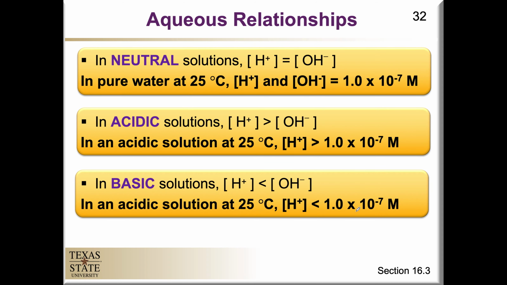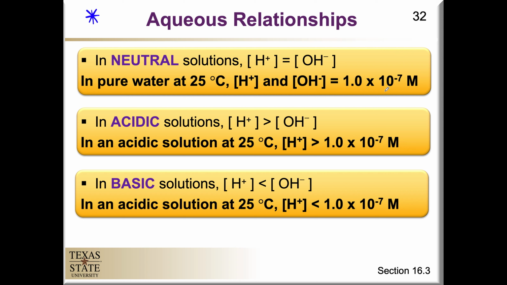All right. The next thing that we need to talk about is the relationships. This is another important slide conceptually that I want you to remember and to understand. So we said that in neutral solutions, the hydrogen ion concentration is equal to the hydroxide ion concentration. In pure water, according to the previous problem, the concentration of these two is going to be equal to 1 times 10 to the minus 7, right?